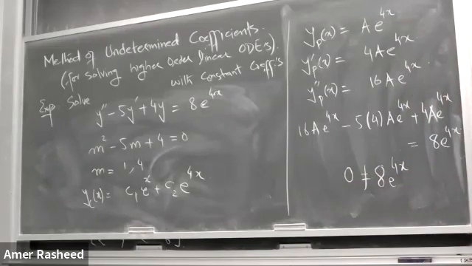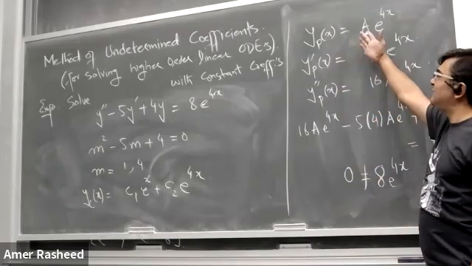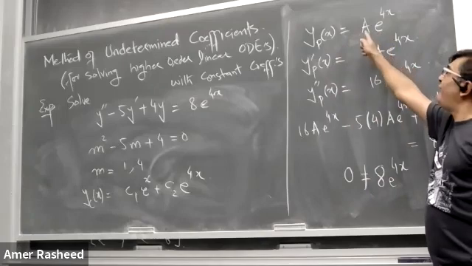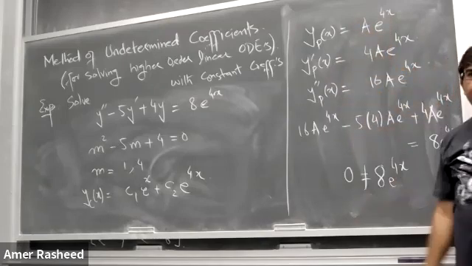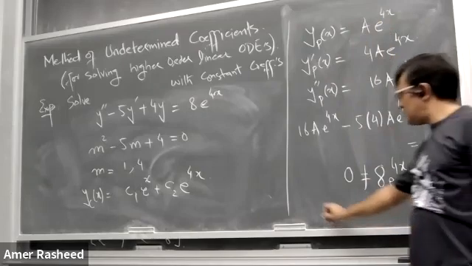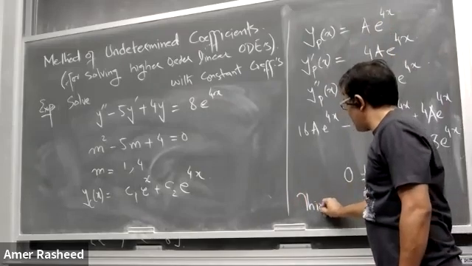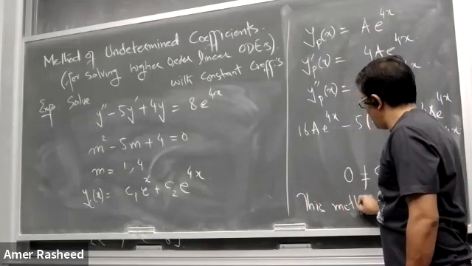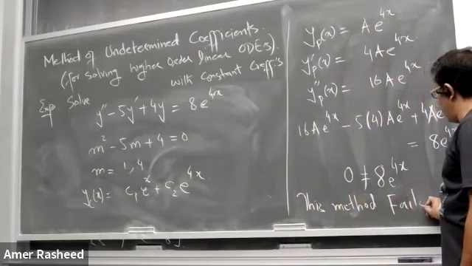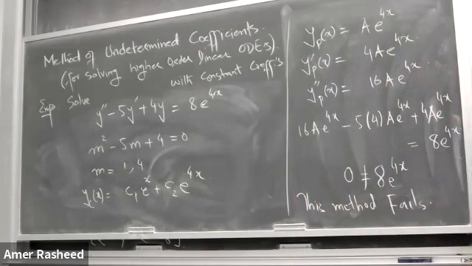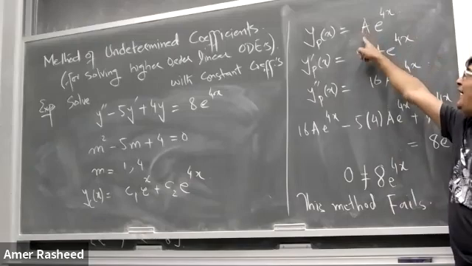This method cannot give us the value of the coefficient a for the assumed solution. This method fails here because we are unable to compute the undetermined coefficient a.